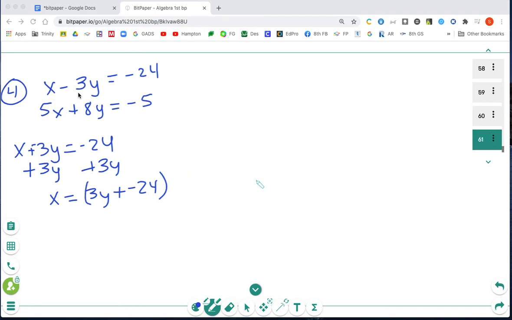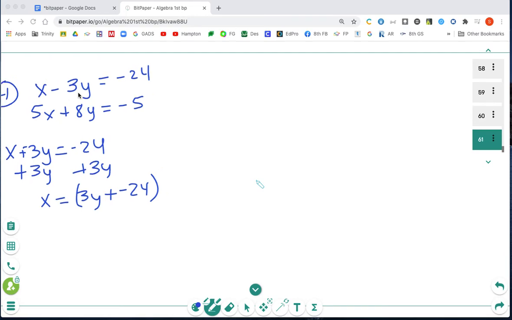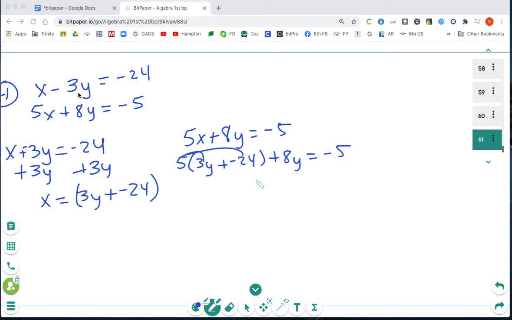Now I'm going to go to my next equation. So I'm going to do 5x plus 8y is equal to negative 5. I'm going to go ahead and substitute in for x. So 5 times (3y plus negative 24) plus 8y is equal to negative 5. I'm going to rainbow. 15y plus negative 120 plus 8y is equal to negative 5.